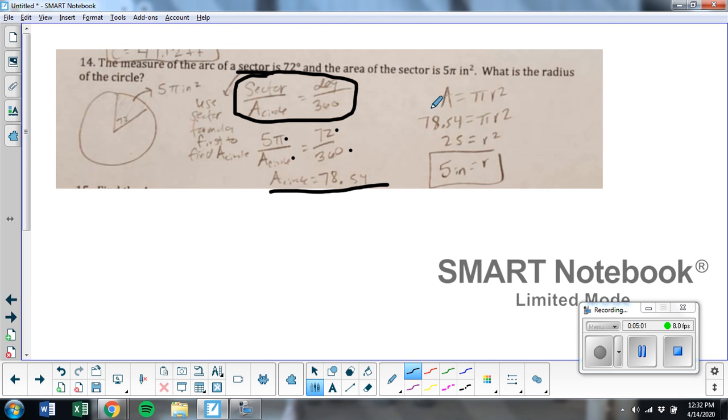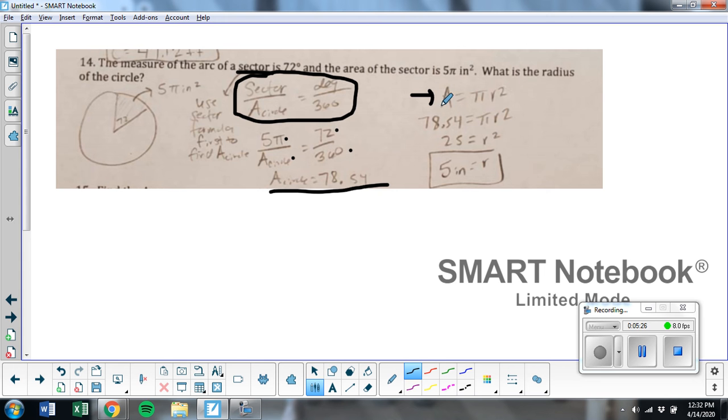Now, what's the question? What is the radius? Well, radius wasn't in this formula anywhere. But now that I know the area of the circle, what's the area formula? That formula has radius in it. So again, you're using two different formulas to get to your final answer. Area of a circle is pi r squared.